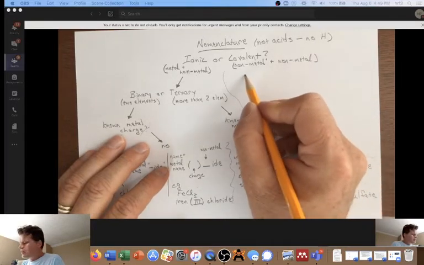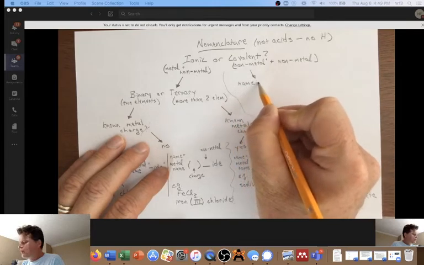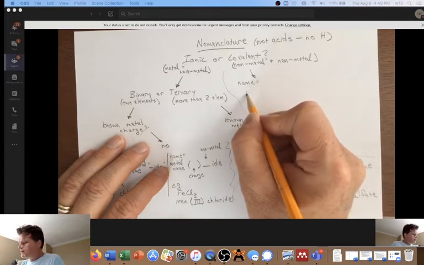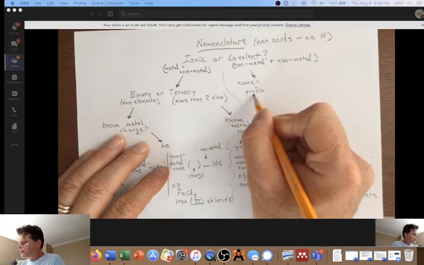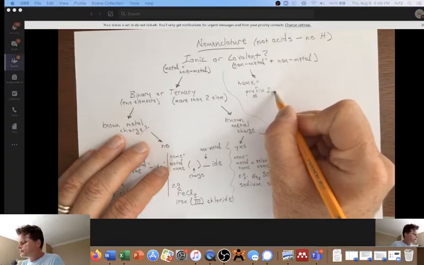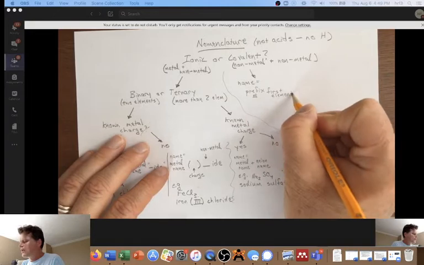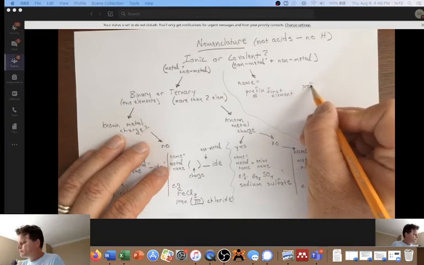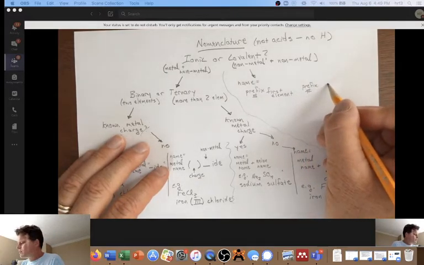If we're covalent, the name will be equal to prefix for the number, and then the first element, and then a prefix number, and then the second element.